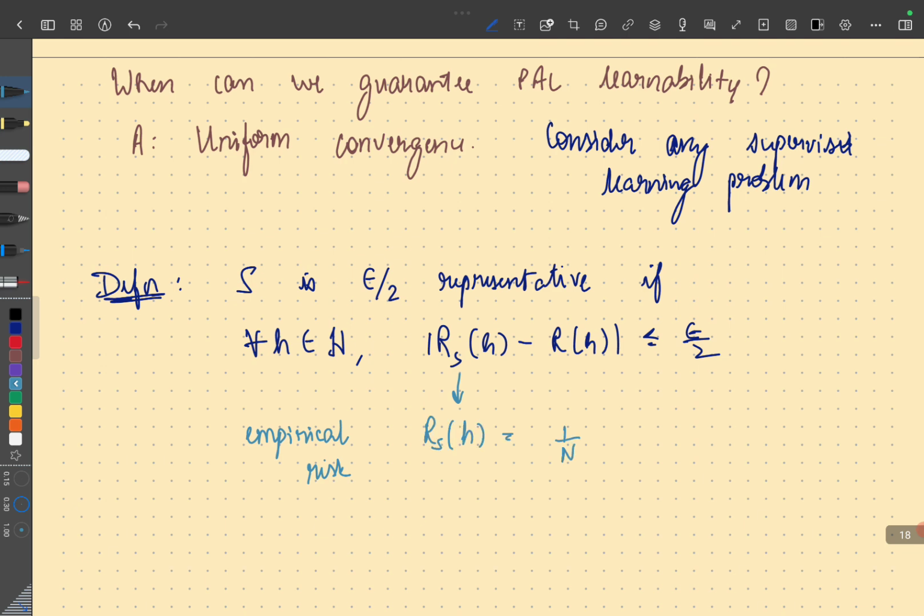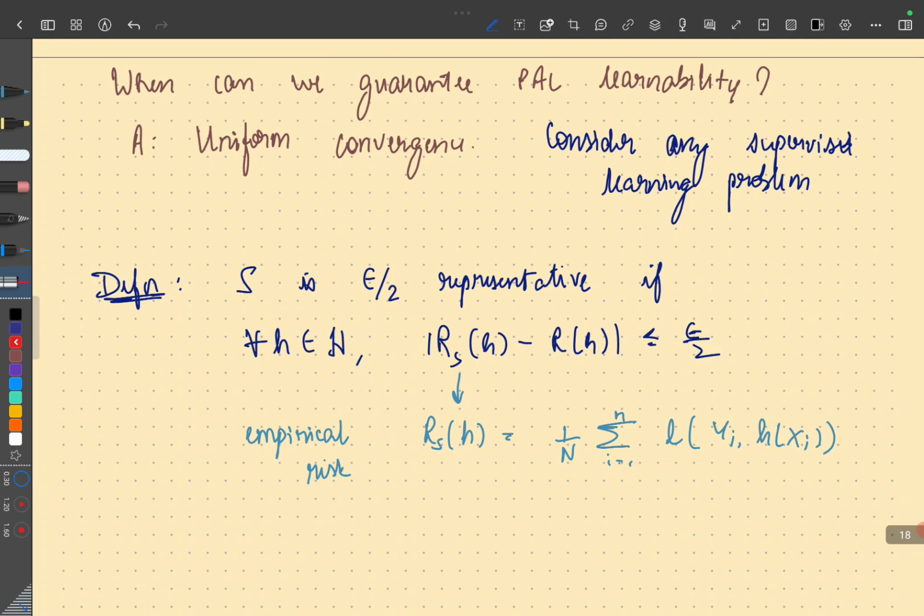The empirical risk is nothing but 1 over n times the summation i equal to 1 to n of L of yi, h of xi. So given the data set, you evaluate the losses on all of the samples in the data set and take the average.